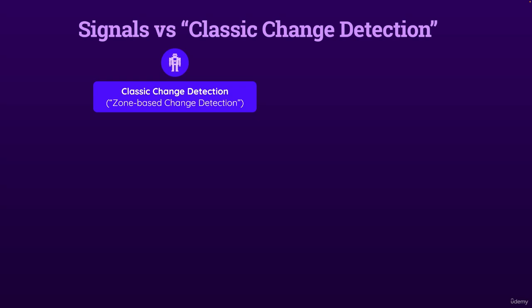You will also sometimes hear of that referred to as zone-based change detection, because under the hood, this classic change detection algorithm uses a library called Zone.js.